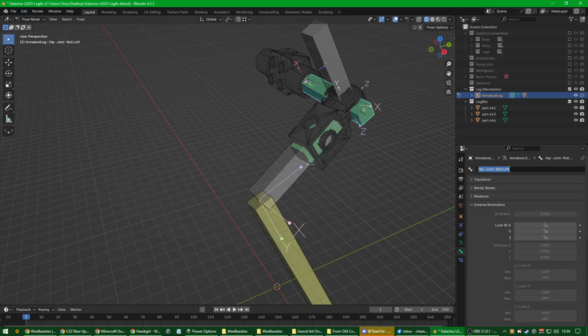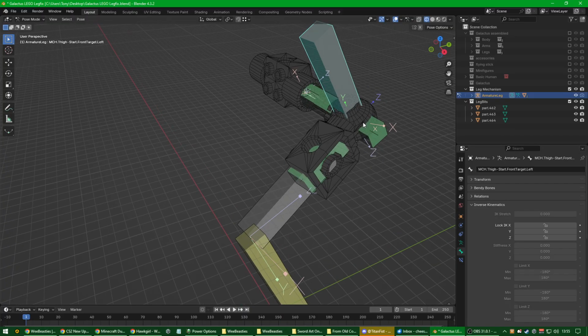And there you go, I did it with that one, look at that. And this one would be mechanism, hip joint, what would this be? This would not be hip joint target, this would be thigh start, because it's only for this bit here, front target, I guess, because that's what this is.